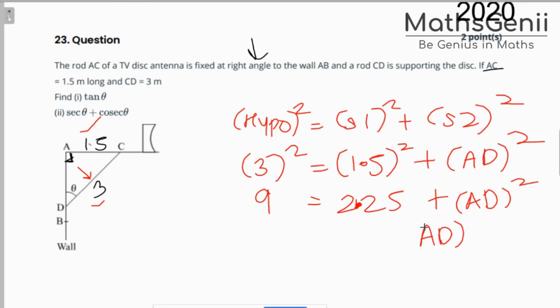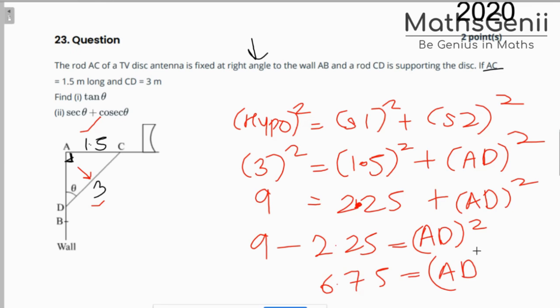Now AD square is equal to 9 plus 2.25 goes here, becomes minus. So 9 minus 2.25 is 6.75 is equal to AD square, correct?